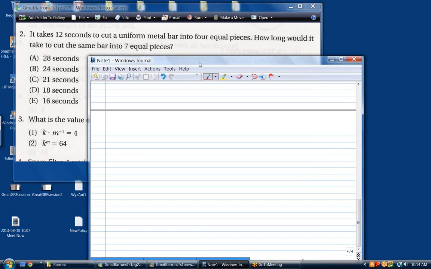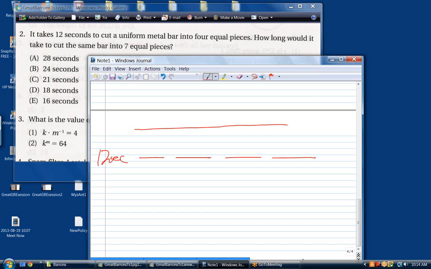So it takes 12 seconds to cut the bar into 4 equal pieces, and it's asking how long it takes to cut the same bar into 7. Well, then it would take 3 seconds to cut one, right?